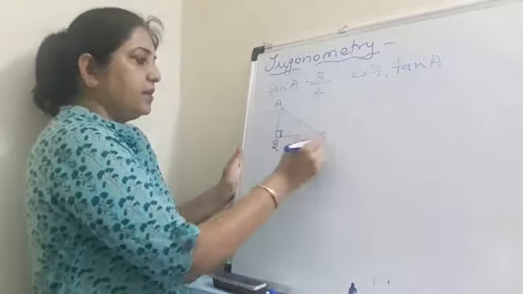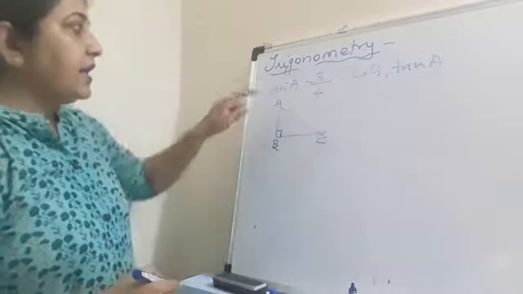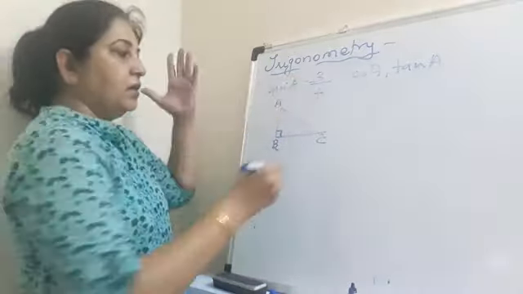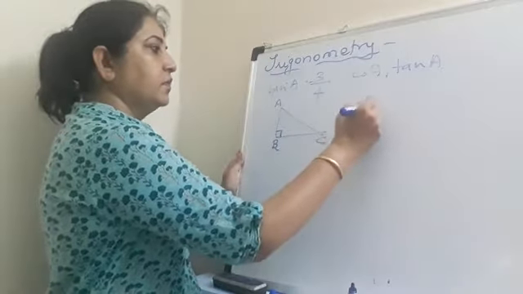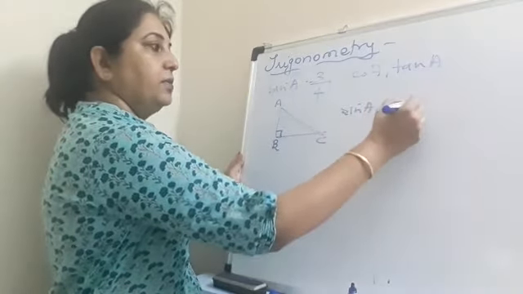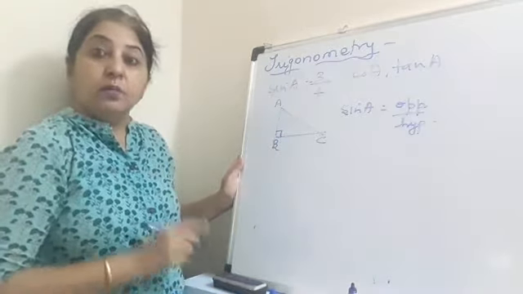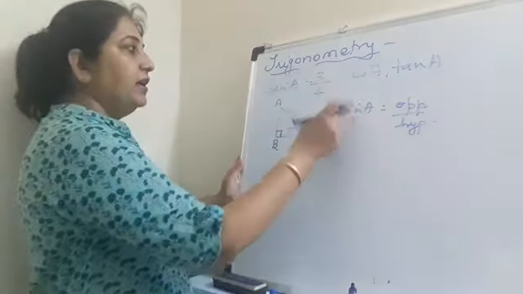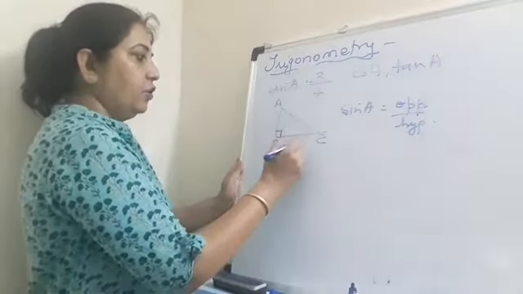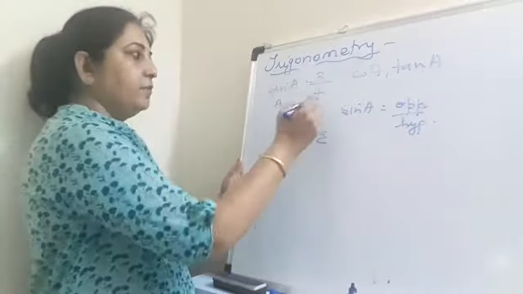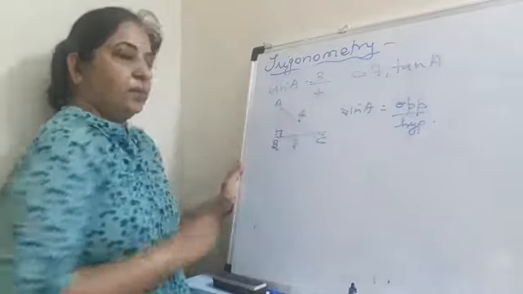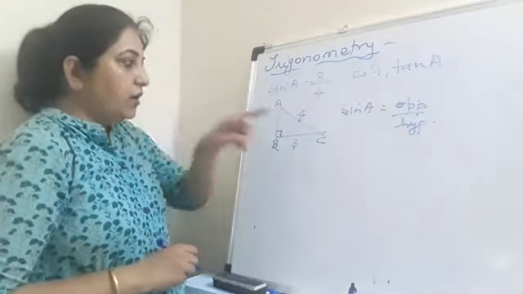Let us take this as B and this as C. Now it is saying sine A is 3 by 4. Now remember the ratio. Sine is opposite upon hypotenuse. Fine. So definitely this 3 will be opposite and 4 will be what? Hypotenuse. Okay, so you got these two sides.